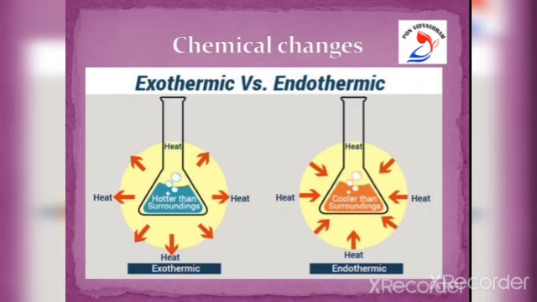The second type is endothermic reactions. Endothermic reactions are chemical reactions in which the reactants absorb heat energy from the surroundings to form products. These reactions lower the temperature of their surroundings, thereby creating a cooling effect.